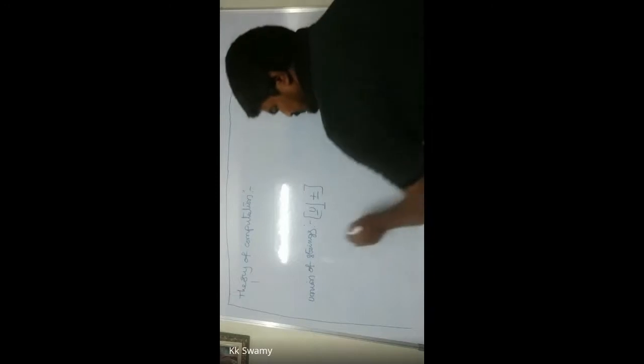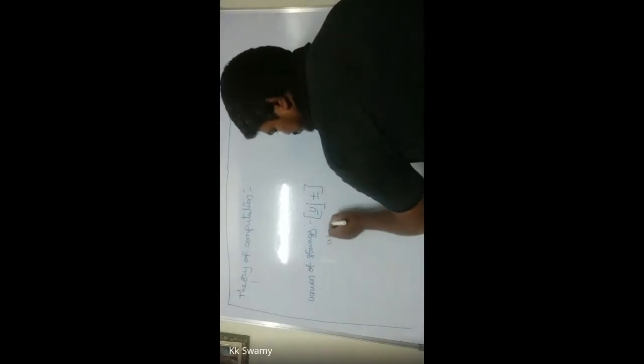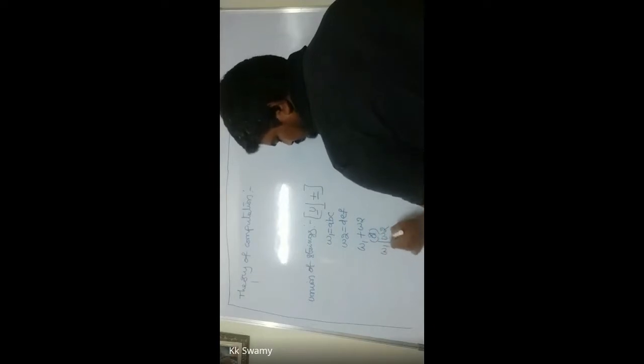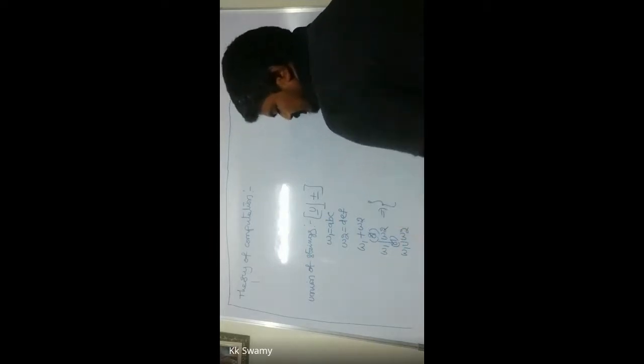Suppose W1 is ABC and W2 equals DEF, then W1 plus W2, or W1 union W2, equals what?